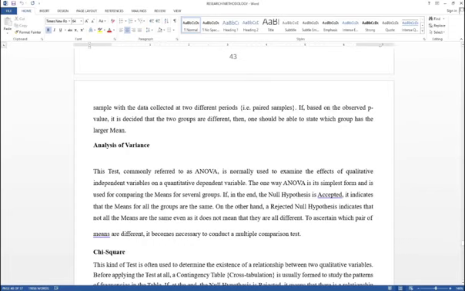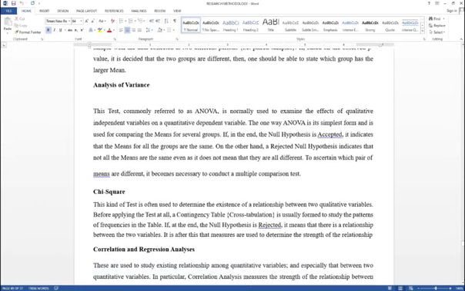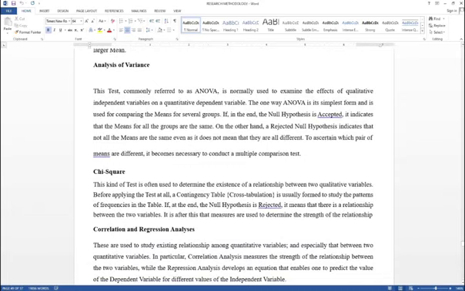Alright, that takes us to chi-square. This kind of test is often used to determine the existence of a relationship between two qualitative variables. Two variables, determining the existence of the relationship that they have.